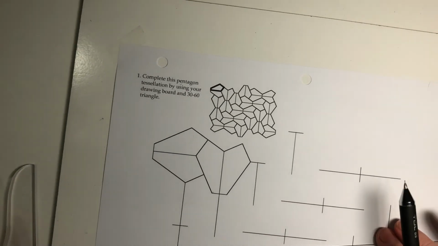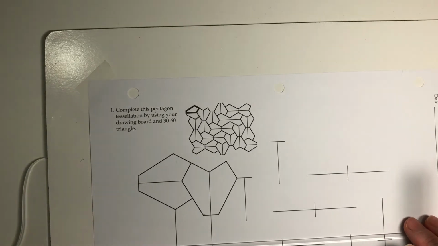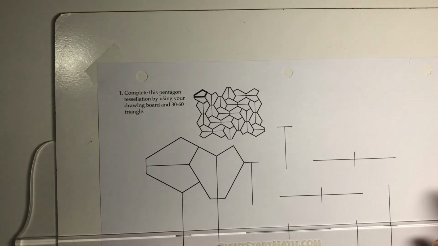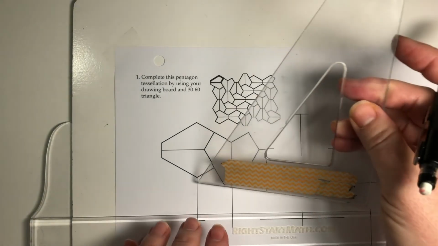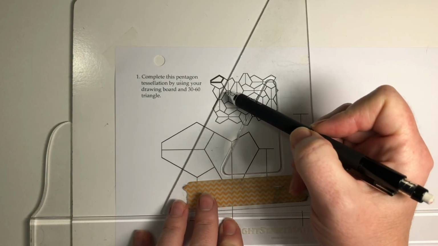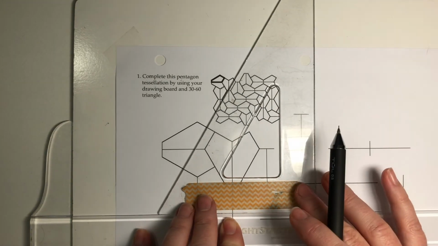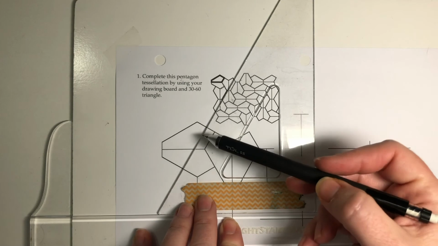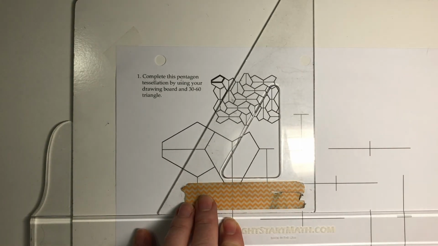One of the best ways to do that is to get your T-square set nice and flat against the side of the board, and then set it up on the line up here that you were trying to mimic. And there you go, I found it already. This is how you want your T-square and your triangle set up.